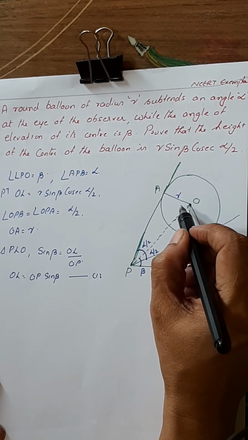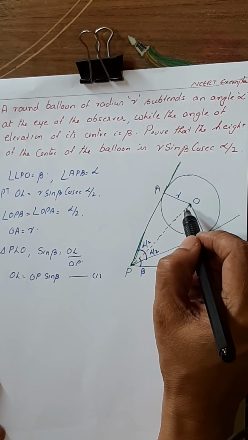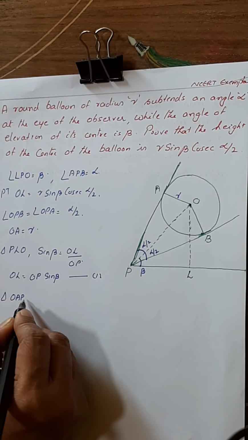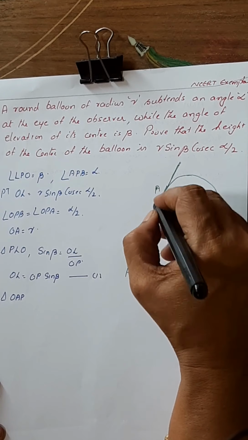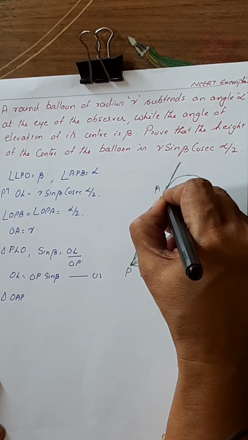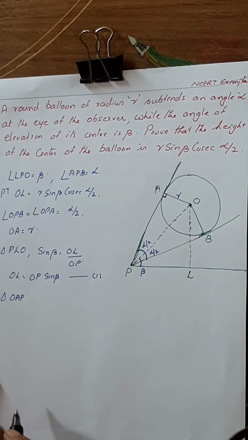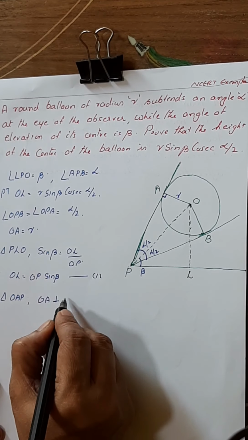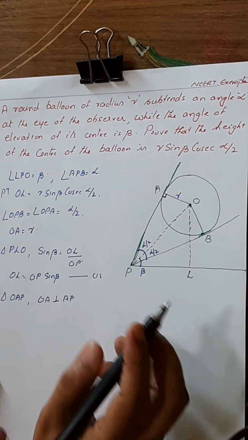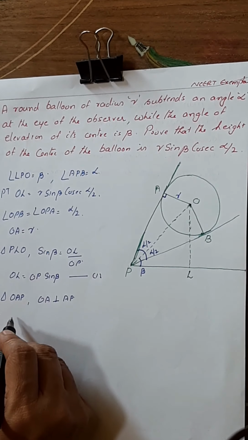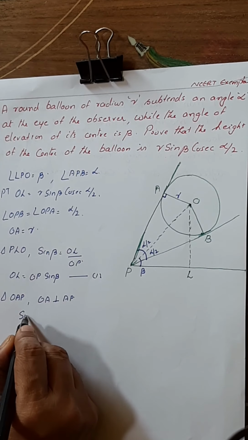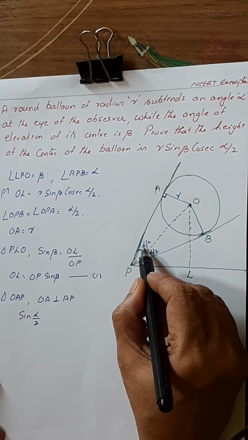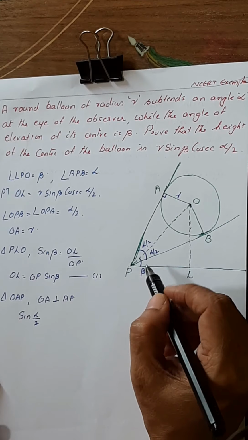Now we'll consider the triangle OAP. Now we know the radius is perpendicular to the tangent. So this is 90. You can write OA perpendicular to AP. Then we'll take sine alpha by 2. So both are equal. This is alpha by 2, this is alpha by 2.